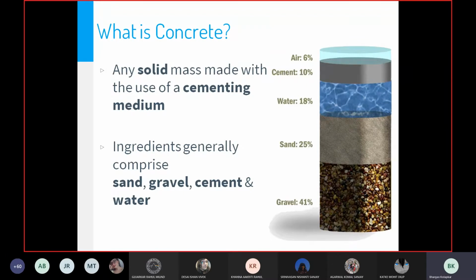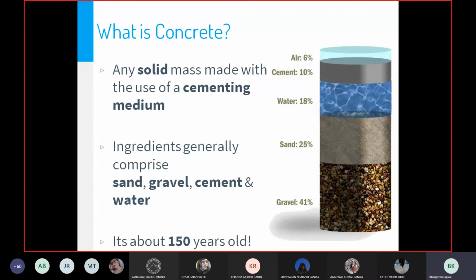To fill in the spaces between these coarse aggregates, we have sand, which is also called fine aggregates. And then we have some amount of water, and then cement, and then air, which is naturally entrapped while producing concrete or while placing concrete. So, water and cement work together as a cementing medium, and then it holds these coarse aggregates and fine aggregates together.